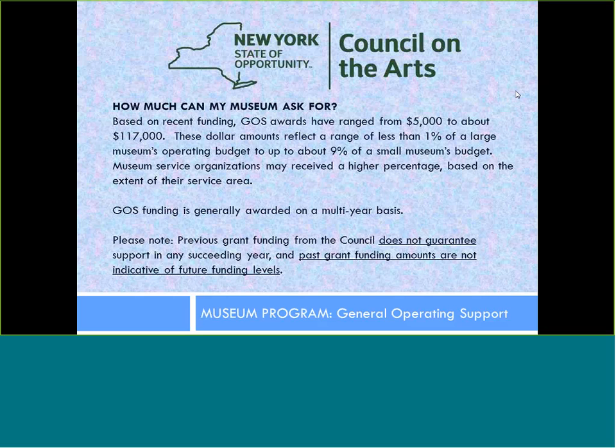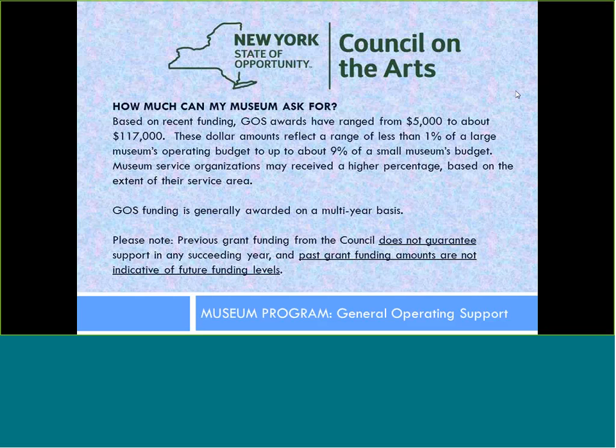General operating support is awarded on a multi-year basis, and I should note that museum service organizations may be closer to that 25% if their application is evaluated in a very positive way, and the idea is that they are serving so many other institutions.